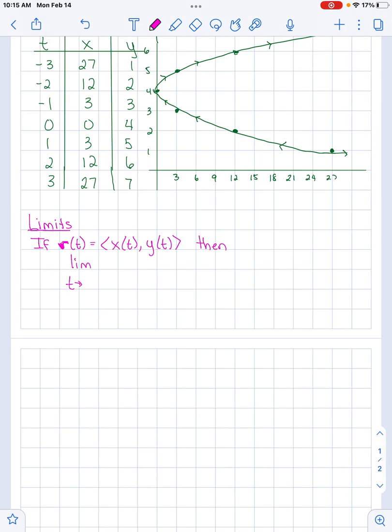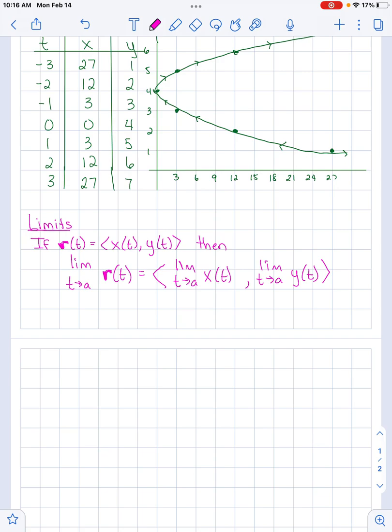The limit as t approaches some value a of r of t looks like this. It's the limit of each component separately. So it's the limit of x of t and the limit of y of t, which probably would have been intuitive, but it's good to see it written formally.